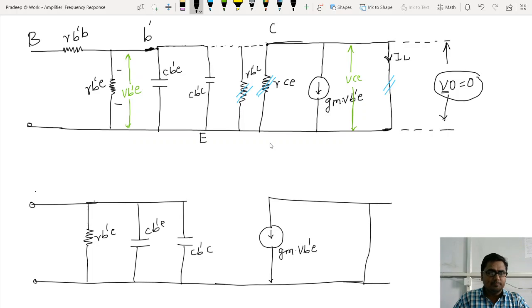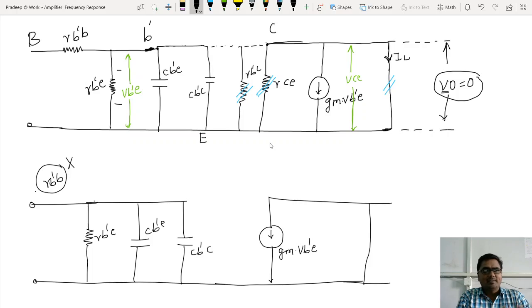See, I have removed this base spreading resistor RB dash B. Why? Because it's not necessary to consider RB dash B all the time. Sometimes it comes into the picture. When the base depletion region spreads out, then only it will come into the picture.